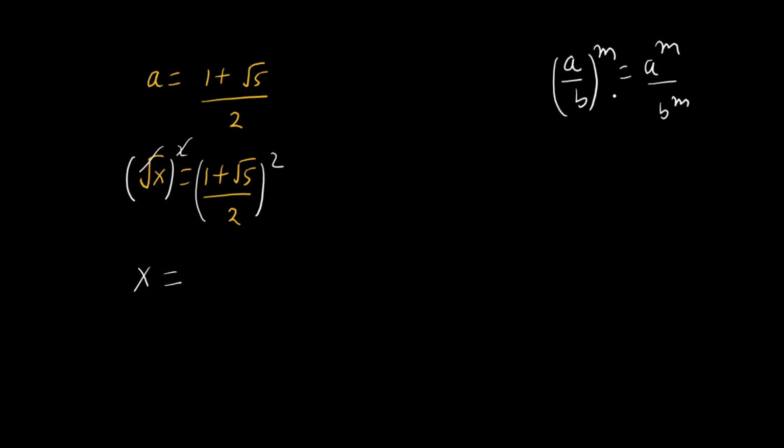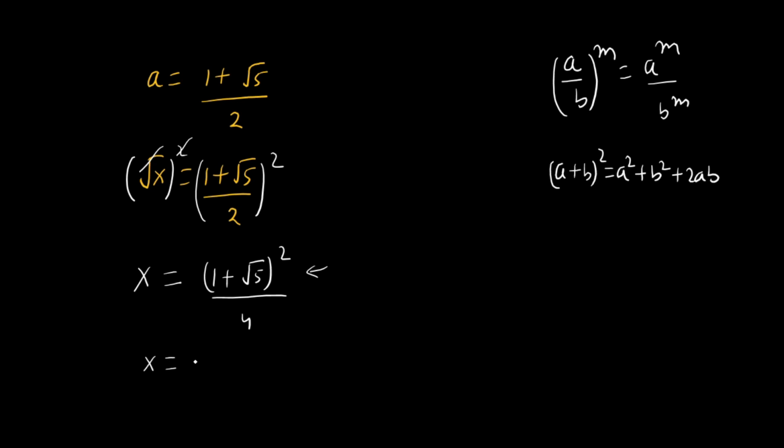If we apply this rule here, then (1 + √5)² divided by 2², that is 4, and in the numerator, applying (a + b)² = a² + b² + 2ab.